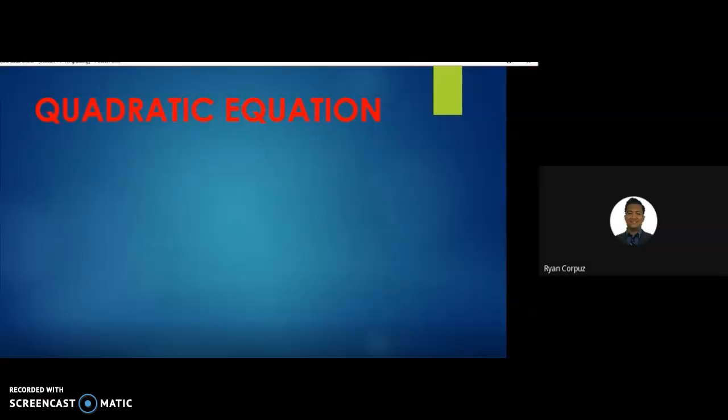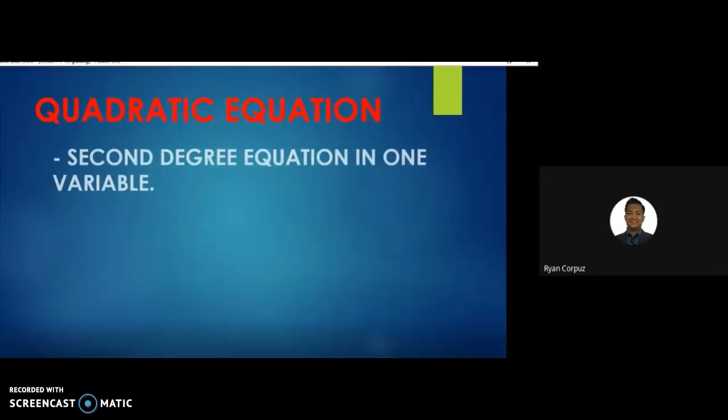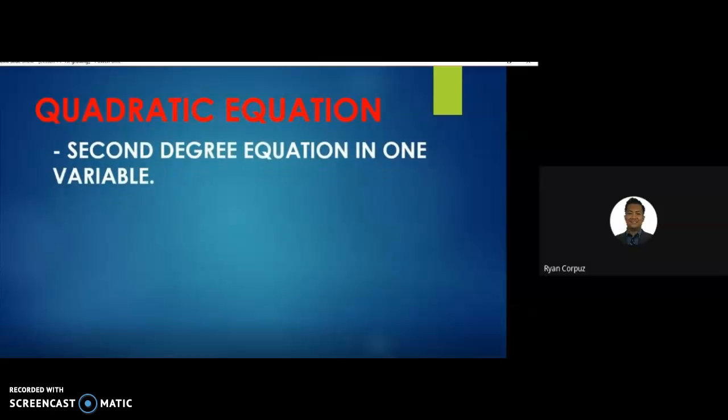Okay, let's start by knowing first what quadratic equation is. Quadratic equation is defined as a second degree equation in one variable. If you've seen an equation in the second degree, then we are pertaining to a quadratic equation.